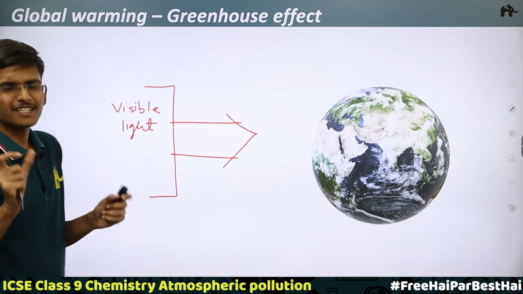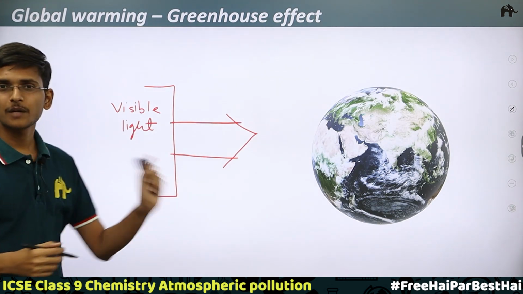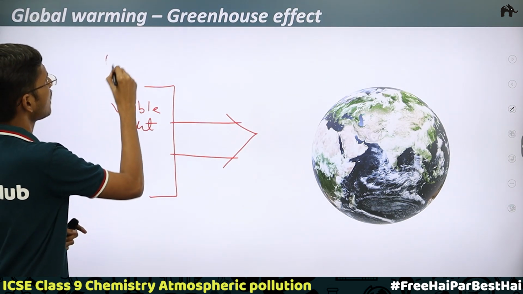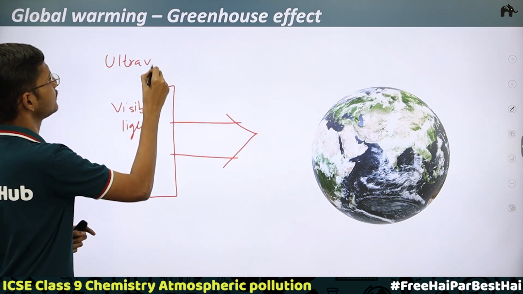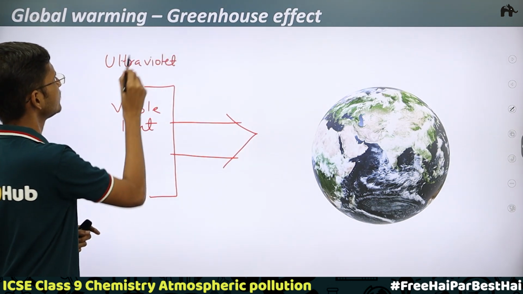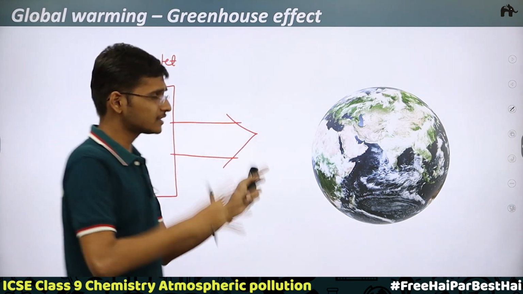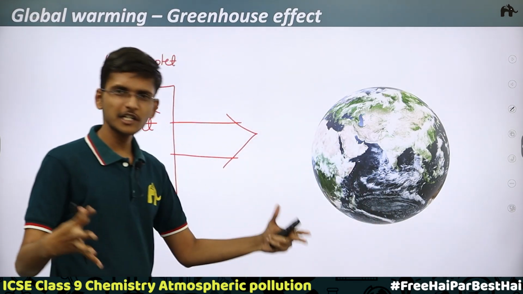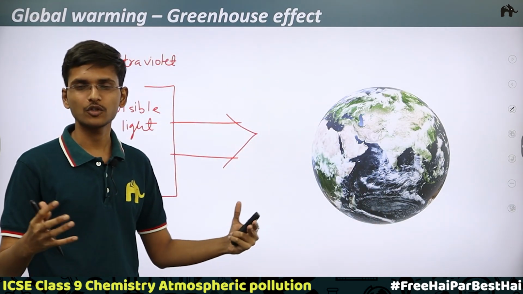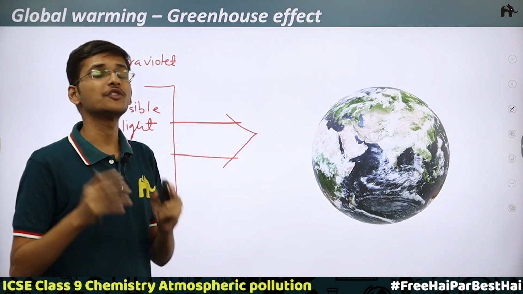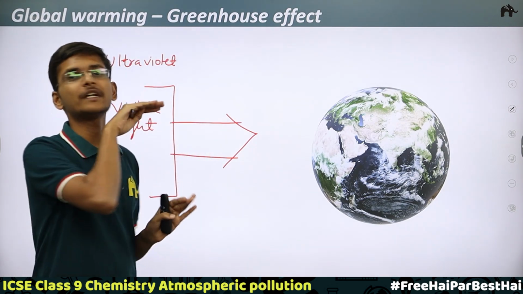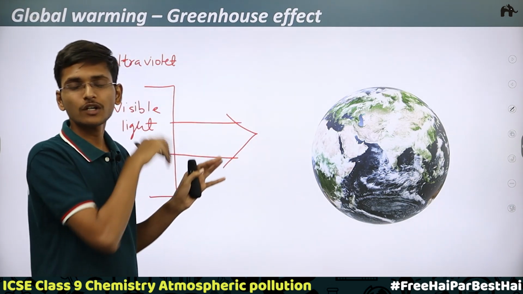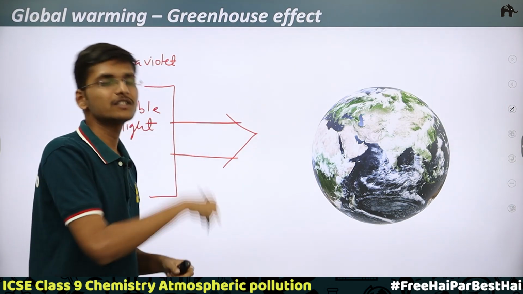Now some amount of radiations coming from the sun to the earth as energy are the ultraviolet radiations. We have all heard about this. You would know these are very harmful, and they don't even reach the surface of the earth. We have already studied that there is a protector of the earth known as ozone, and this ozone is not allowing the ultraviolet rays to enter through the atmosphere, or to reach the surface of the earth.